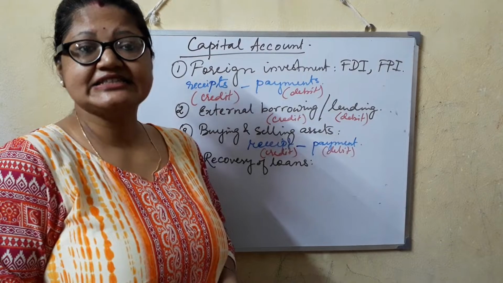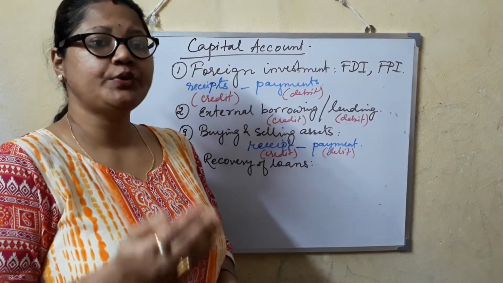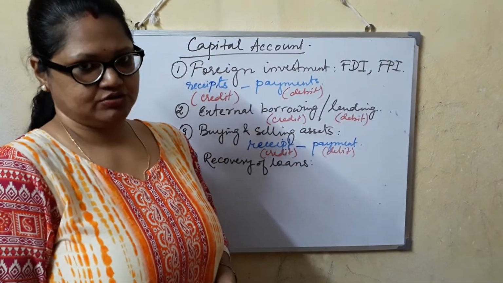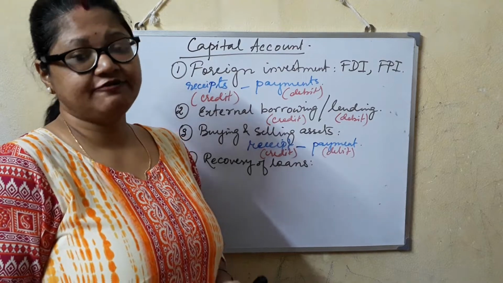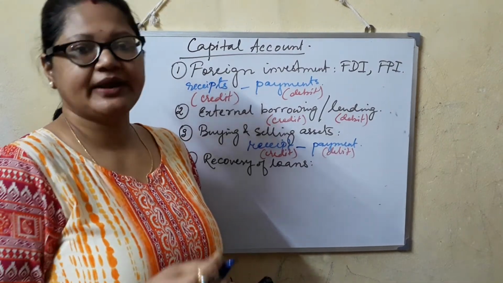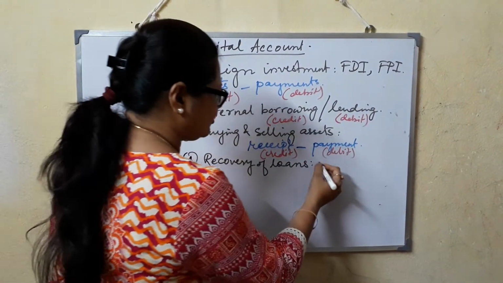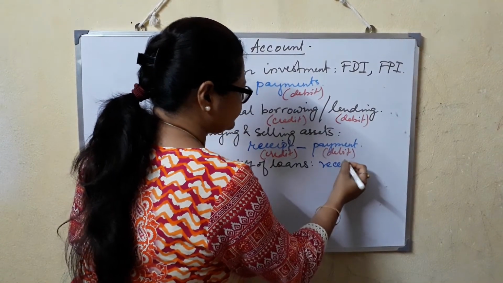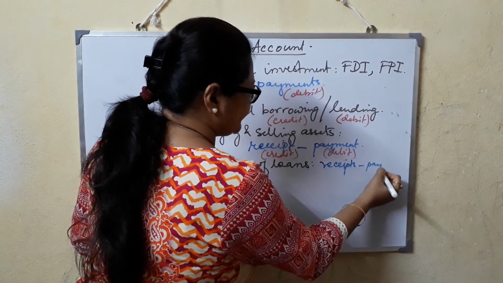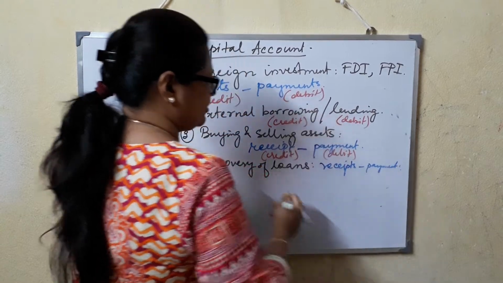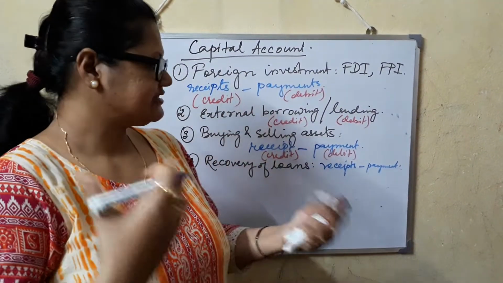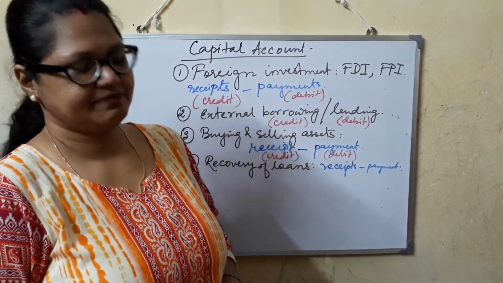Whereas if India is getting back a part of the loan which she has loaned out, then it becomes an inflow. So it becomes a credit side. Same thing, receipts minus payments. Receipts will be the credit and payments will be the debit part.